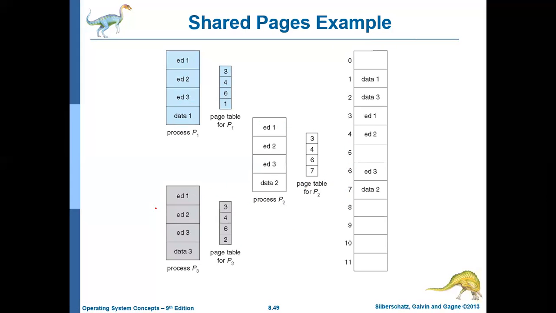So this is how we share the pages, and the memory requirement can be greatly reduced. That's it about shared pages. That's it about the topic of memory management strategies, where we have discussed different strategies. Especially we have discussed paging and segmentation, and before that we discussed contiguous memory allocation and its problems, like internal fragmentation and external fragmentation.